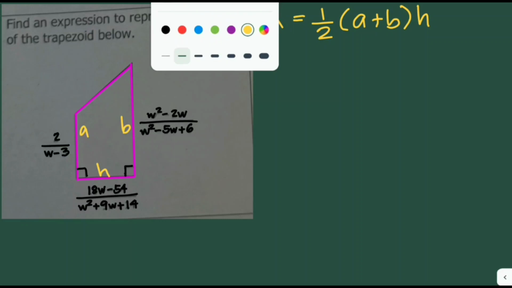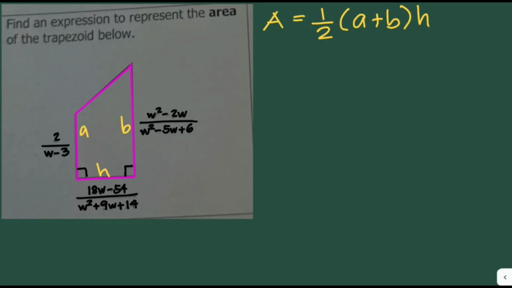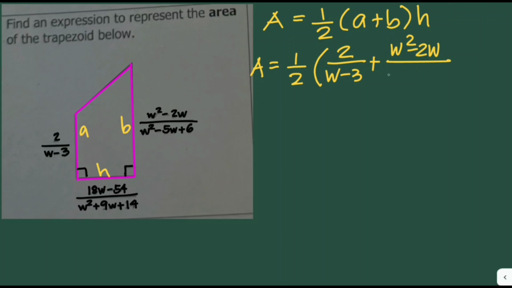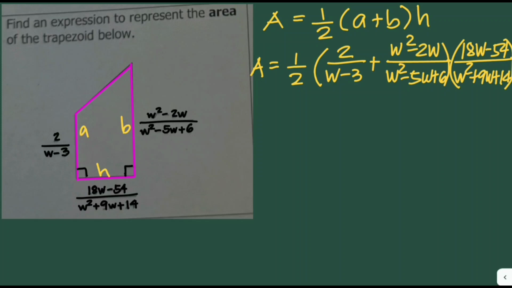Then we can plug in the values since they are already given here. So area equals 1/2 of a plus b, so that would be 2 over w minus 3 plus w squared minus 2w over w squared minus 5w plus 6, times 18w minus 54 over w squared plus 9w plus 14.